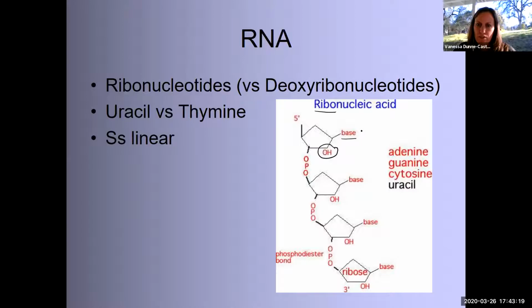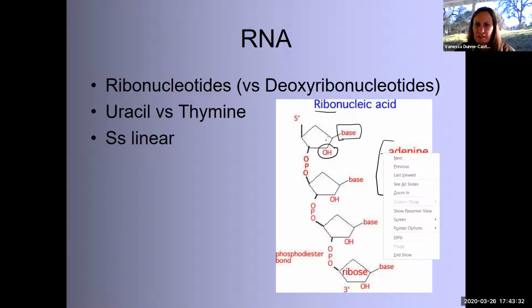There is a nitrogenous base still connected to that 1' carbon, just as we saw before. And these are the 4 base combination nucleotides that can be at any of these sites for the nitrogenous base. There, of course, is adenine, guanine you're familiar with, cytosine, and now instead of thymine, we see uracil.